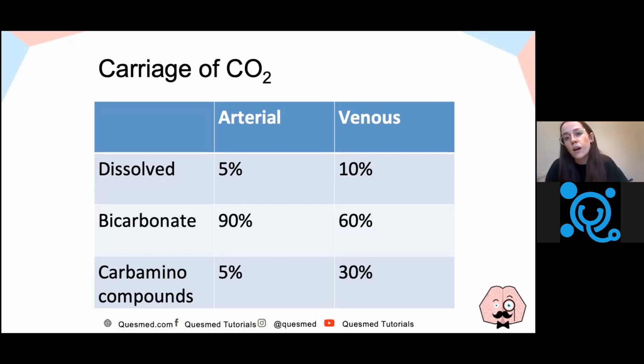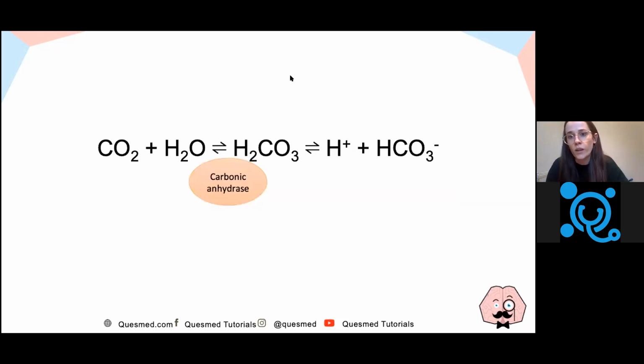We have an enzyme in red blood cells, among other places, called carbonic anhydrase, and this catalyzes the reaction of carbon dioxide plus water, which gives carbonic acid, which then dissociates into hydrogen ions and bicarbonate.